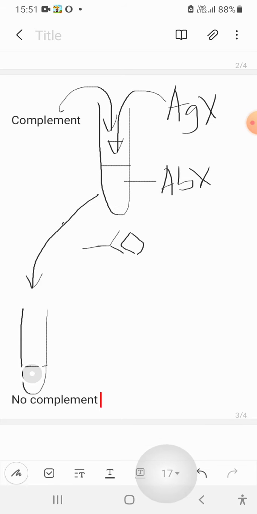The second case scenario is where I add another antigen.